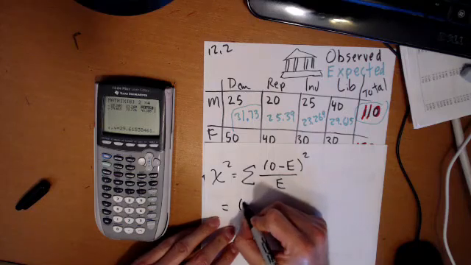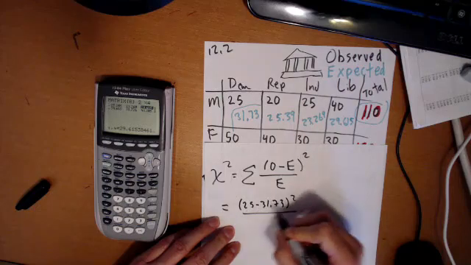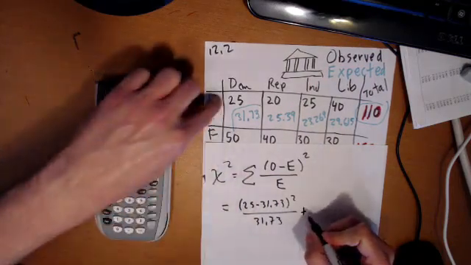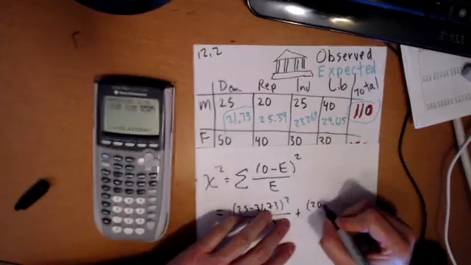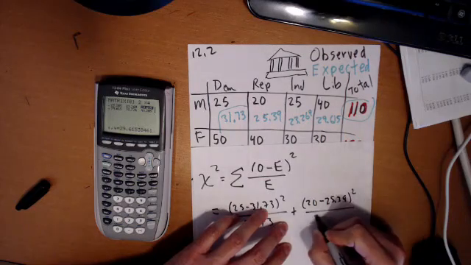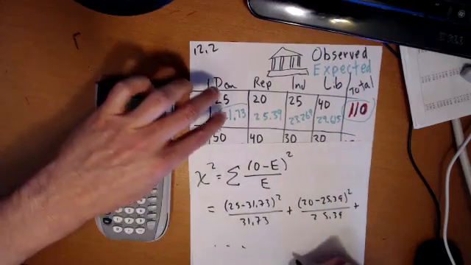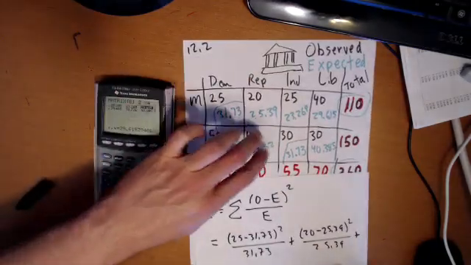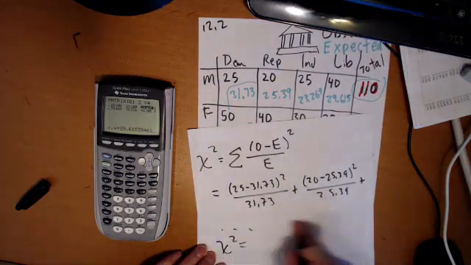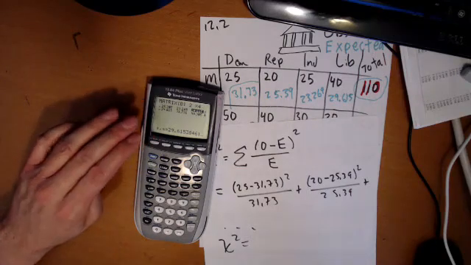So I would do 25 minus 31.73 squared divided by 31.73. Summation. Go to the next square. 20. Oh my gosh, I'm not going to do this. 25.39 squared divided by 25.39. Summation plus. So I do it with those two, those two, those two, those two, them. And then I do all that, and it's going to give me my chi-squared value. But as we saw a minute ago, the calculator does it all for us magically.